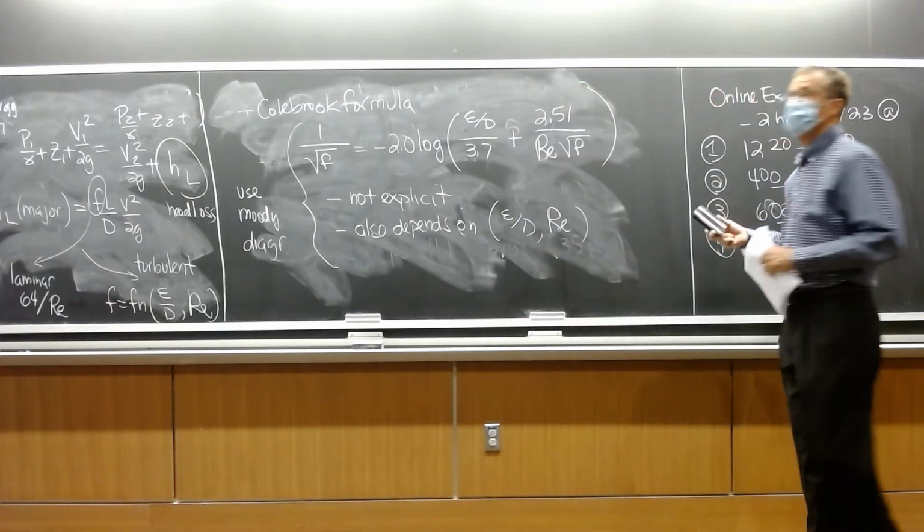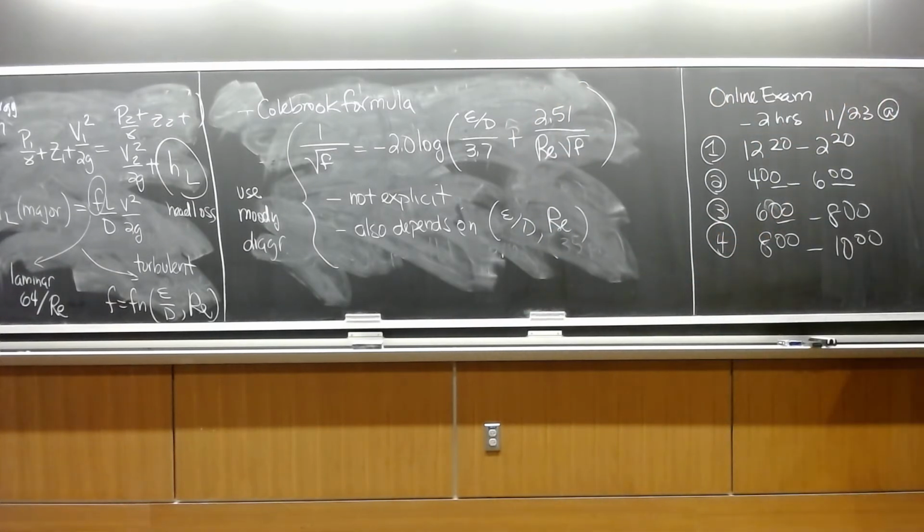So in most cases, when we need to use Moody, you're going to be giving us either the one or the other in terms of Reynolds number.